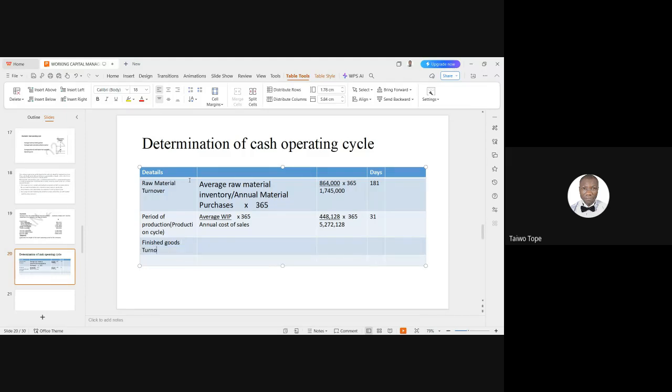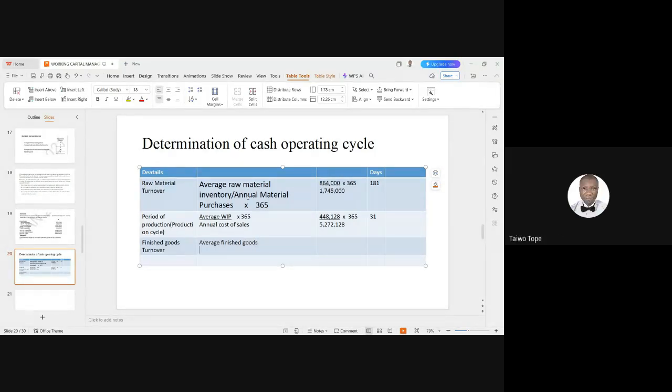So we can have finished goods turnover. Our formula will be what? Average finished goods over cost of sales per annum.